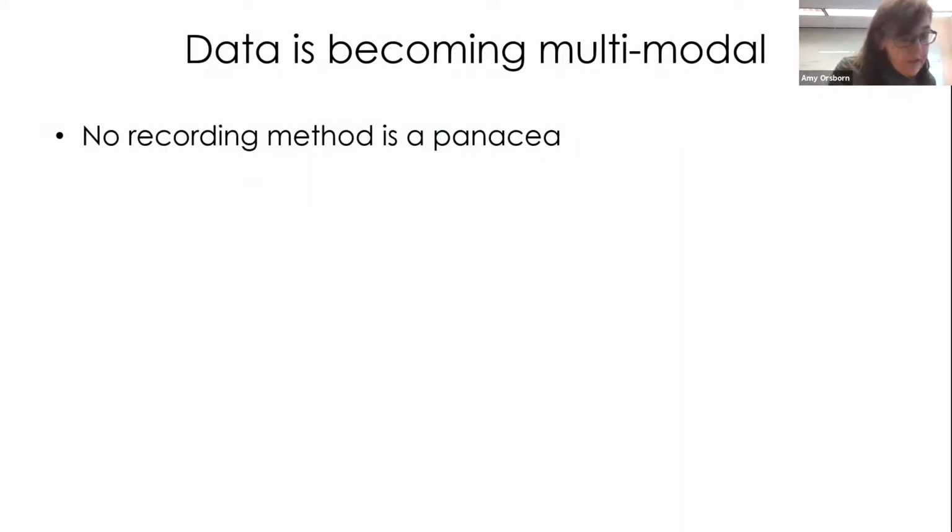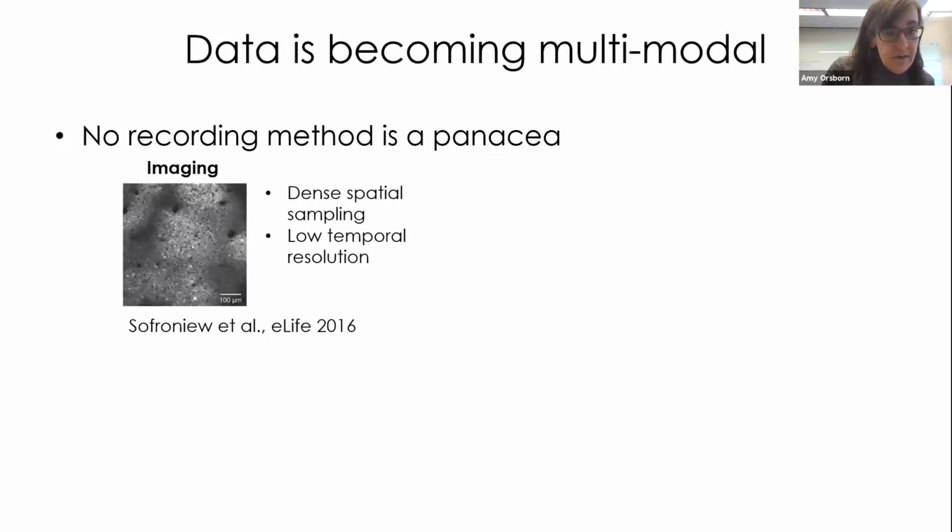The other important thing I'll comment on in terms of big picture data is that our data is also becoming multimodal. As you might guess from some of these examples, given the scale of the measurements that we're trying to make, no recording method is optimal for solving all of our problems.